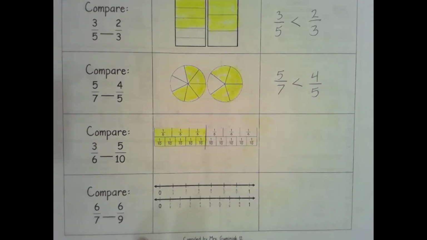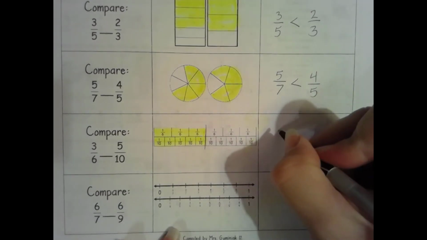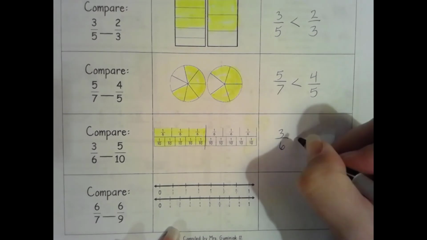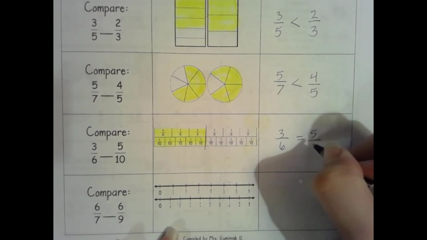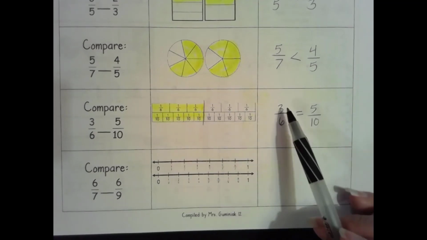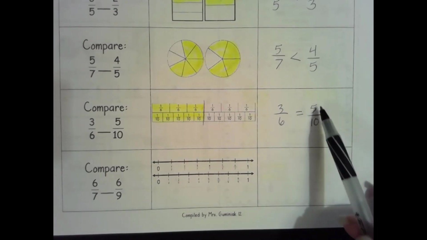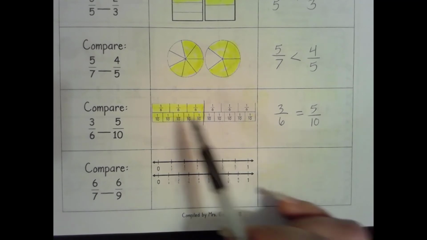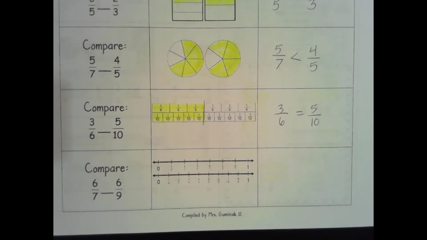They're both exact same area. So 3/6 is equal to 5/10. They are equivalent fractions. They're actually both half. 3 is half of 6, 5 is half of 10. So they're both exactly half of the whole. They are equivalent.